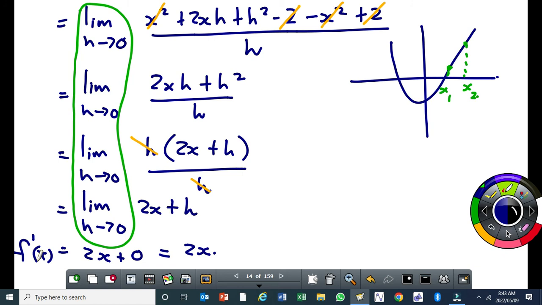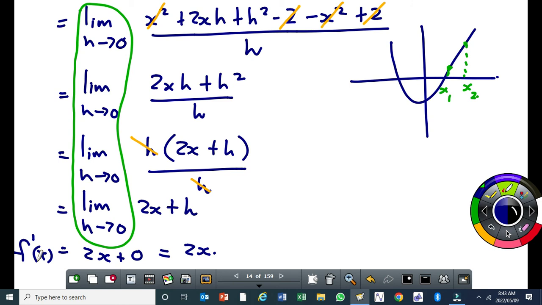This step where you substitute h equal to 0, yes, you always have to show that. It may not be given a mark, yes, but just show it.